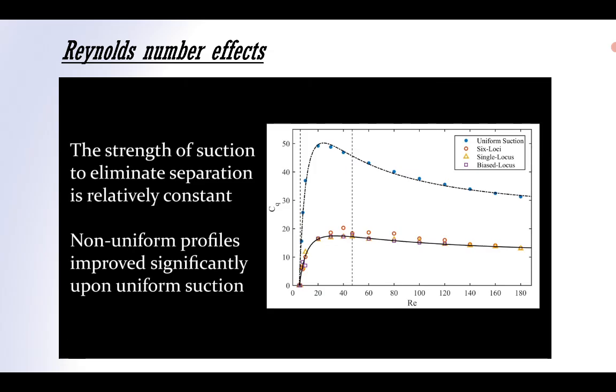So the strength of suction to eliminate the suppression is relatively constant, and the non-uniform profile improves significantly upon uniform suction. So this is one of the methods to eliminate or to reduce the turbulence that occurs in some conditions, which is to use suction.